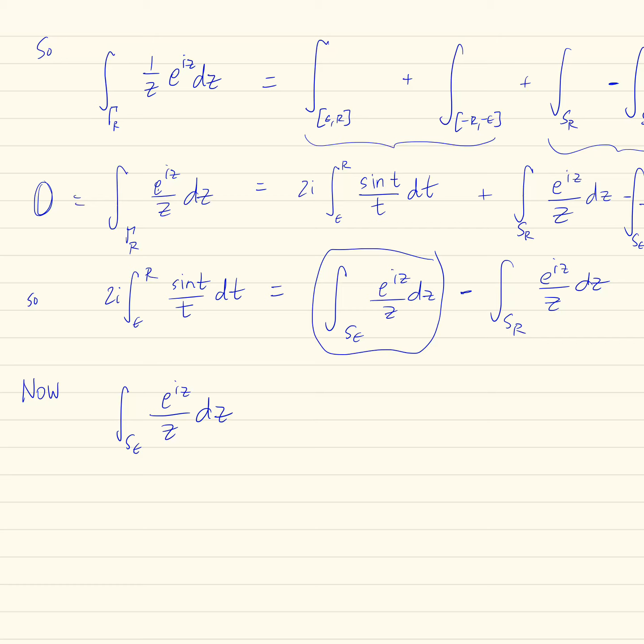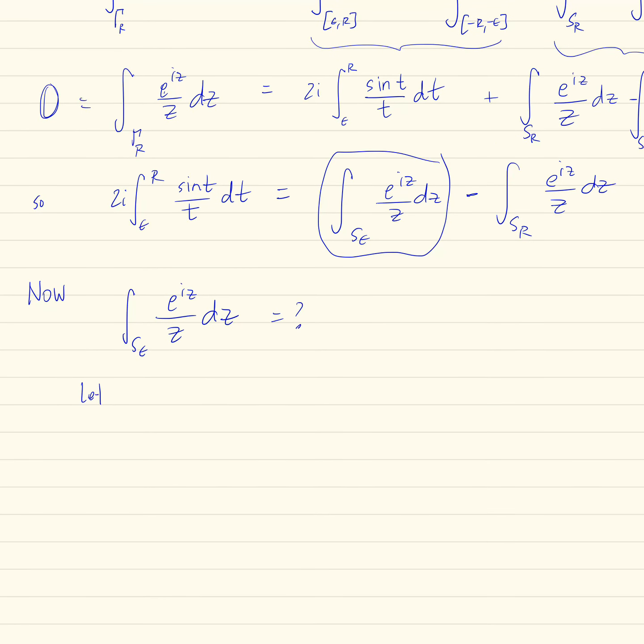But notice, if we rewrite this as the integral over S epsilon of e to the iz minus 1 over z dz, right?